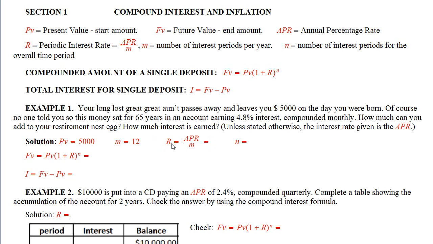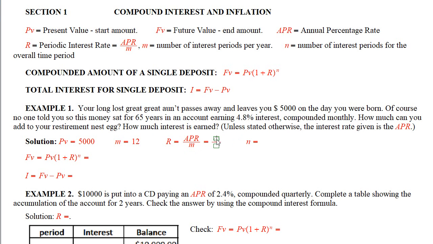Then our monthly interest rate, which is cap R, we are going to take the APR, which is the 4.8%, as a decimal, 0.048, and divide that by 12. If you compute this, you get 0.004.